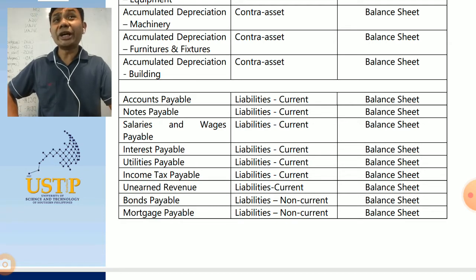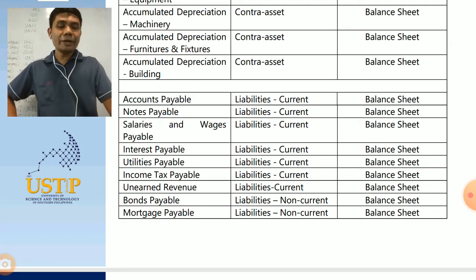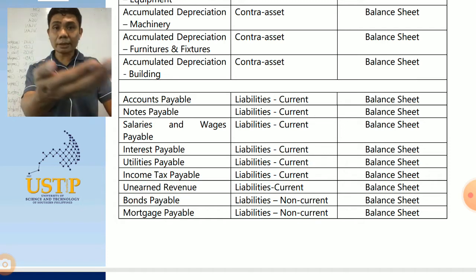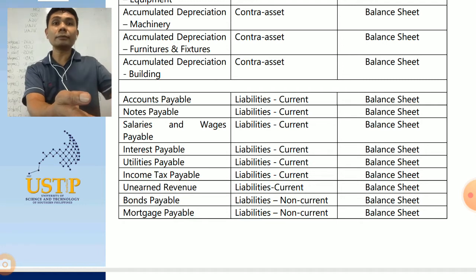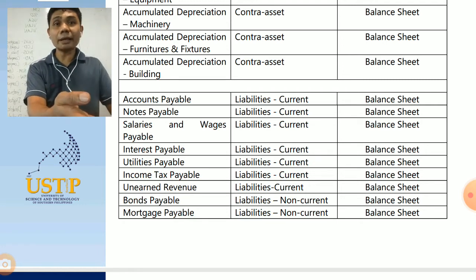Halin nga wa pa nimo na-earn, di ba? For example, ang customer nag-advance siya og bayad para sa imong pan nga gibaligya. Meaning nag-advance siya og bayad, nakadawat na ka sa kwarta pero wa pa nimo nahatag ang imong product. That is unearned. Pag ingana gani ang sitwasyon, that is unearned.